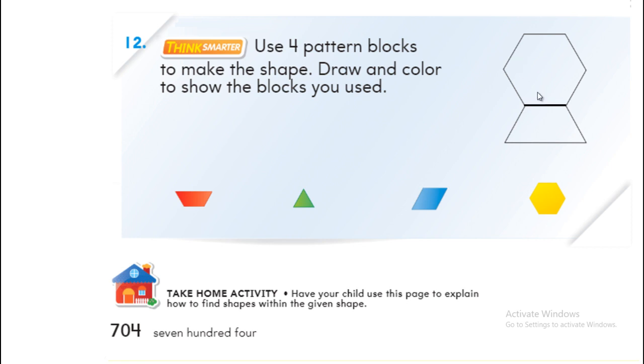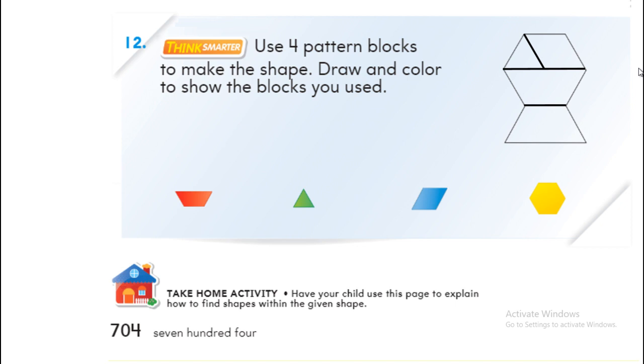I'm gonna put more lines here maybe. How many now? 3. Okay, one more. Where can I add 1 more? I can make a small triangle. Here, maybe. Now there are 4. What are my shapes? A triangle, a rhombus, and 2 trapezoids.